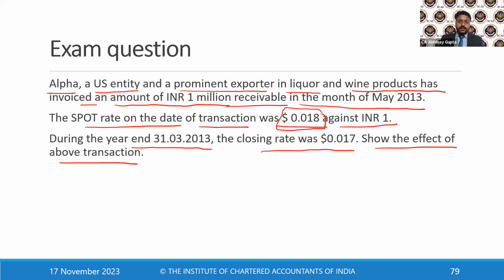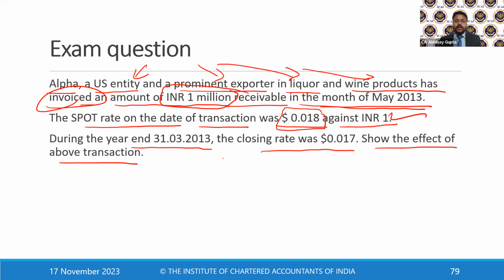So what is happening in here? A US entity, a prominent exporter of liquor and wine products, has invoiced 1 million INR receivable in the month of May, and the spot rate on the date of the transaction is this much, and the spot rate on 31st March is this much. Now we need to show the effect of the transaction.